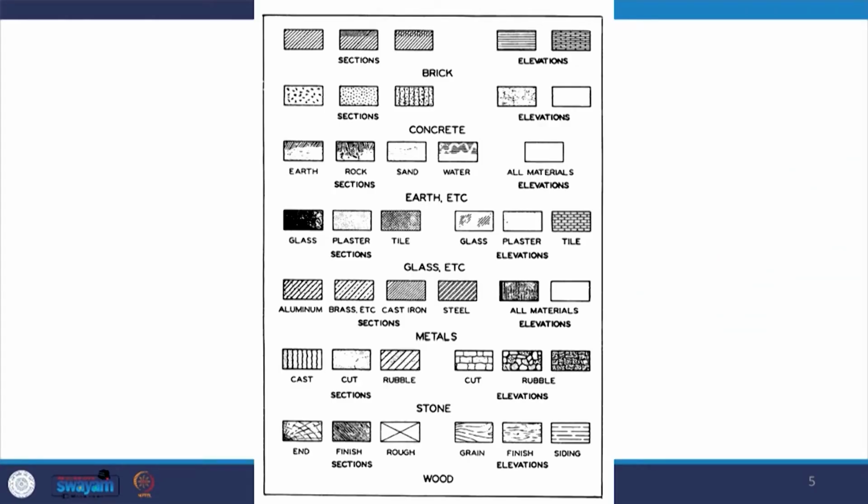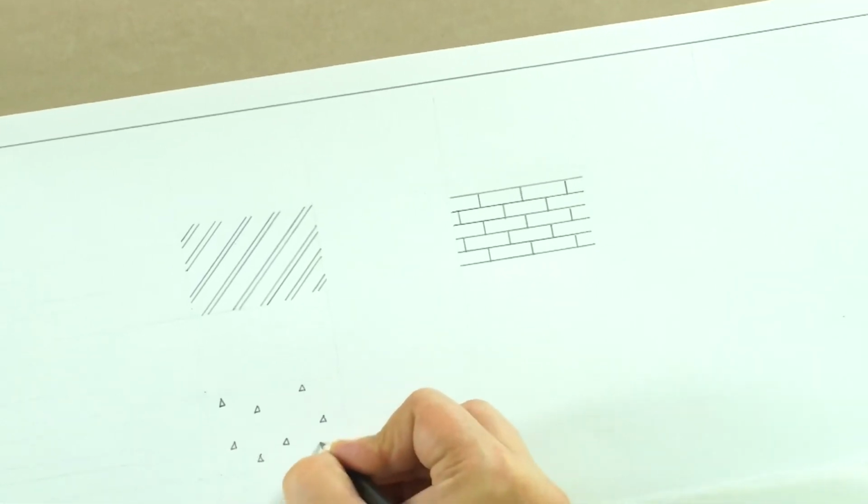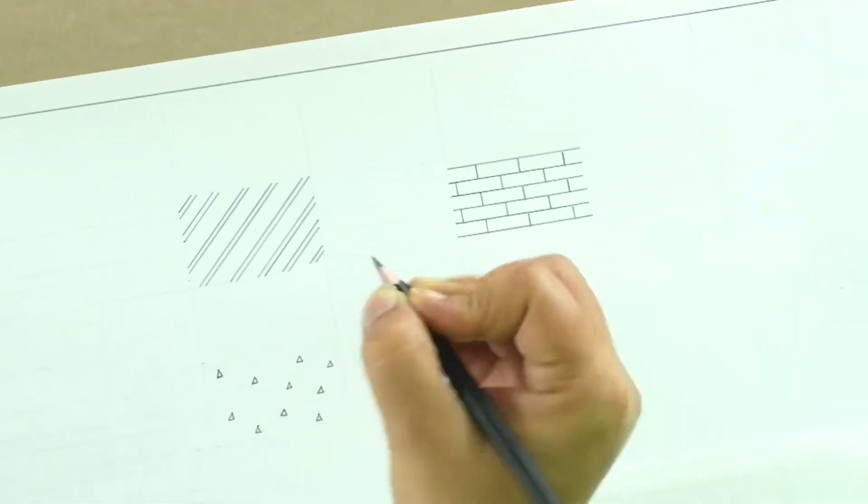The next we have concrete, the components of concrete. Suppose you have PCC, plain cement concrete. All of you would know that there are three components that go in the concrete: coarse aggregate, fine aggregate, and cement. All those three parts are represented for PCC in section. We first make the coarse aggregate representations, which are small triangles.